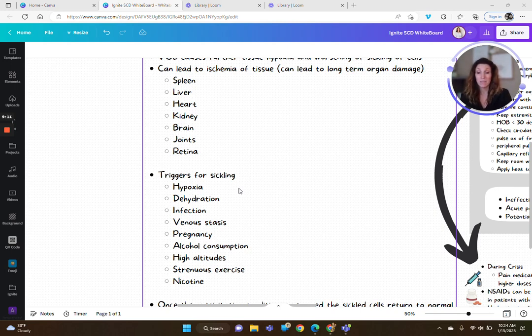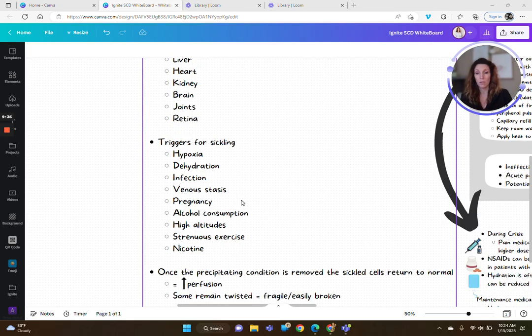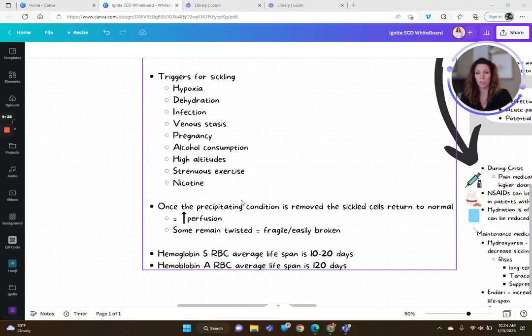And then nicotine. Nicotine causes your blood vessels to constrict. So if your blood vessel is smaller, and you have these clumping red blood cells trying to pass through there, that's an issue. So avoid smoking for these patients.